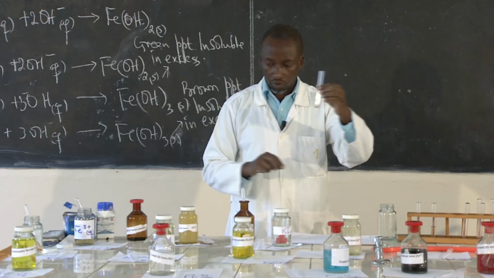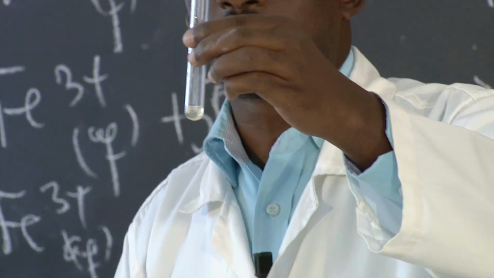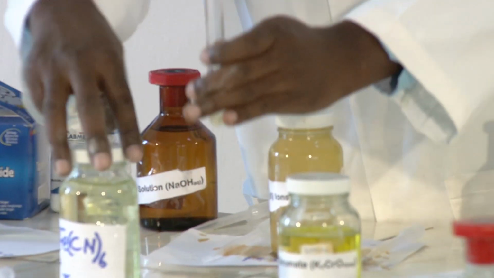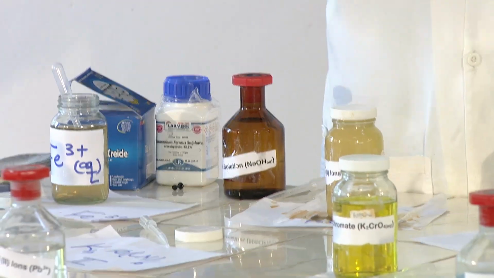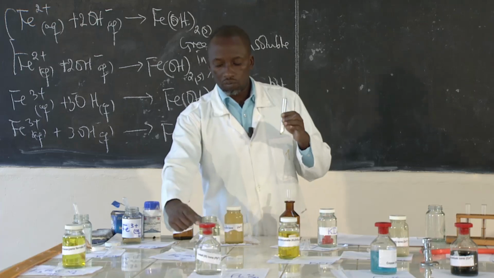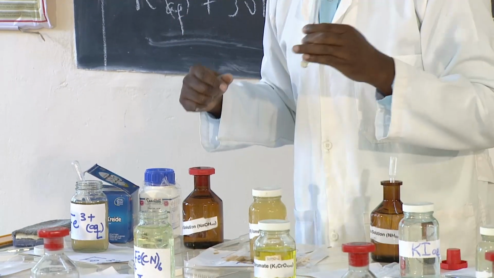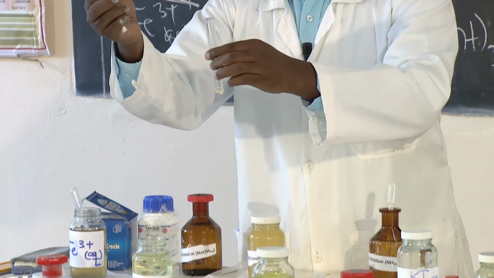I can also cross because I may forget. So this is some few drops of iron 2. Then we are just going to add potassium hexacyanoferrate 2. Iron 2 with potassium hexacyanoferrate 2. Let's see what happens.